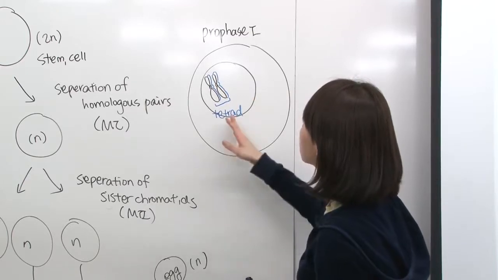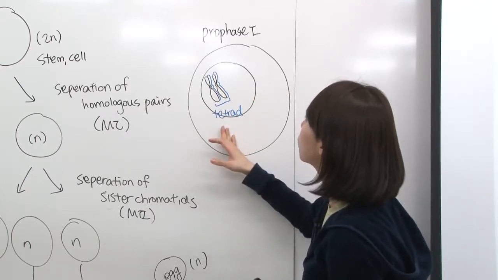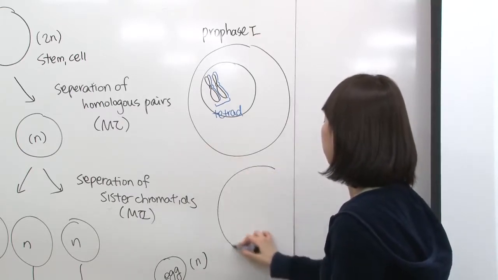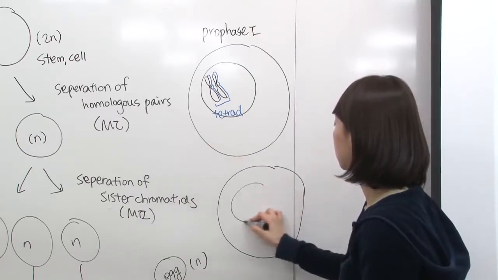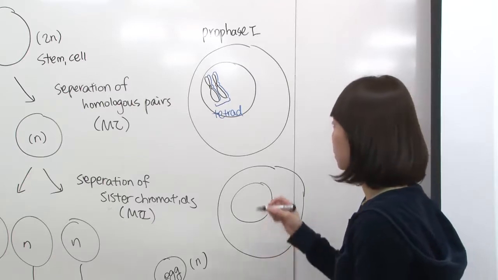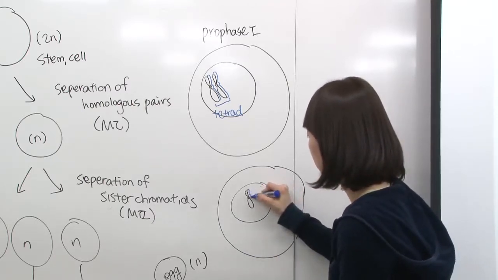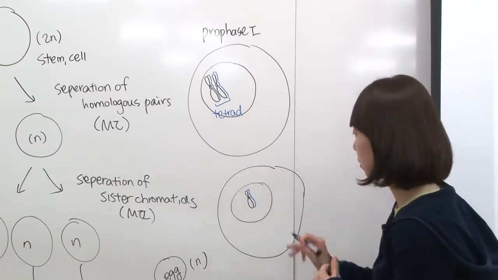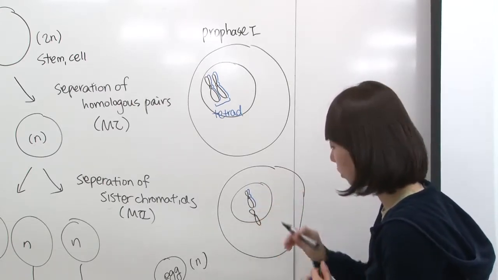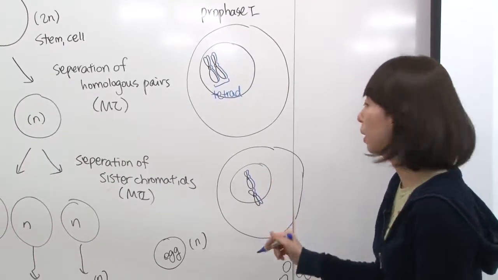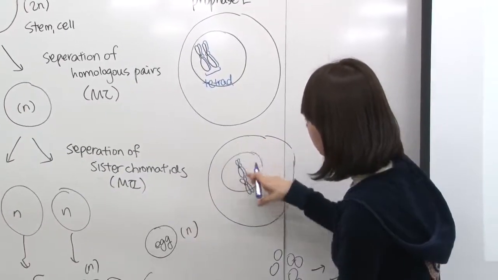So this is kind of different from prophase of mitosis, because later in mitosis, they line up by each sister chromatid like this. So each homologous pair lines up separately like this, and then it gets separated by sister chromatid.